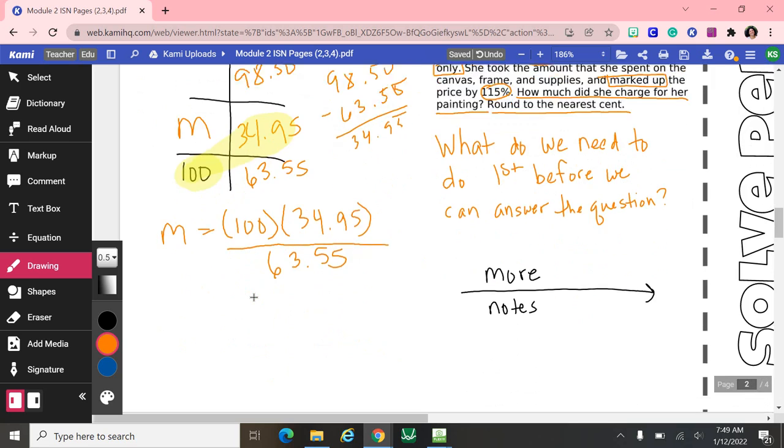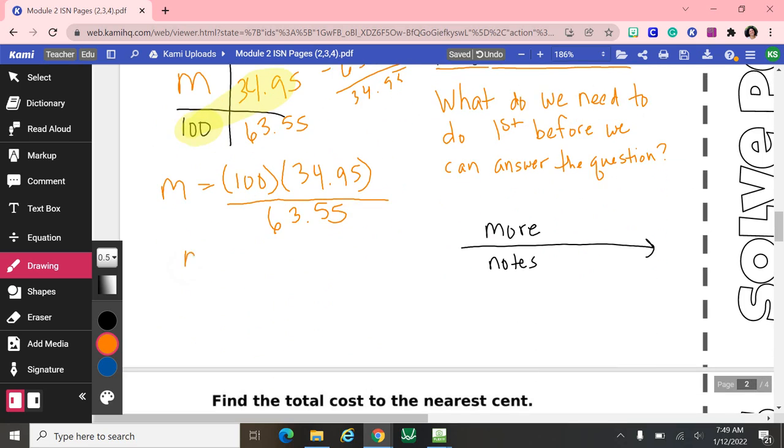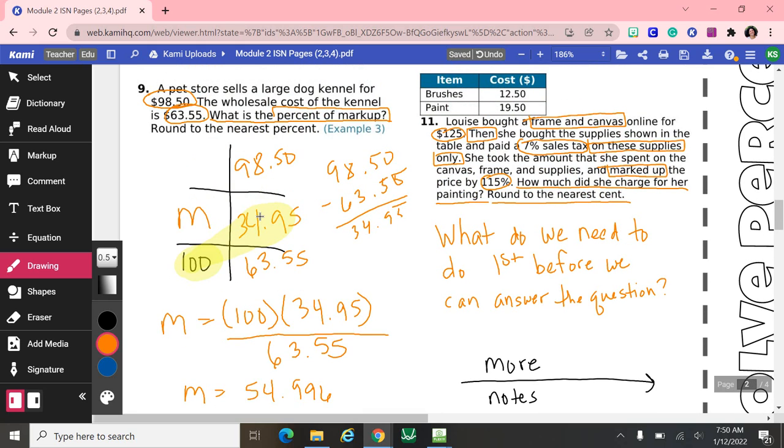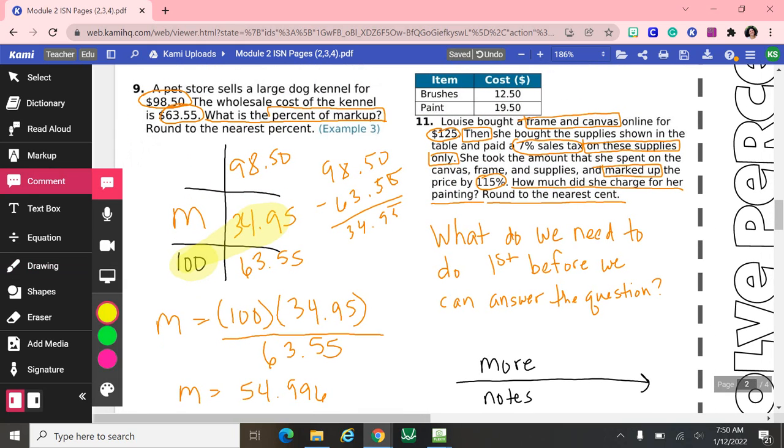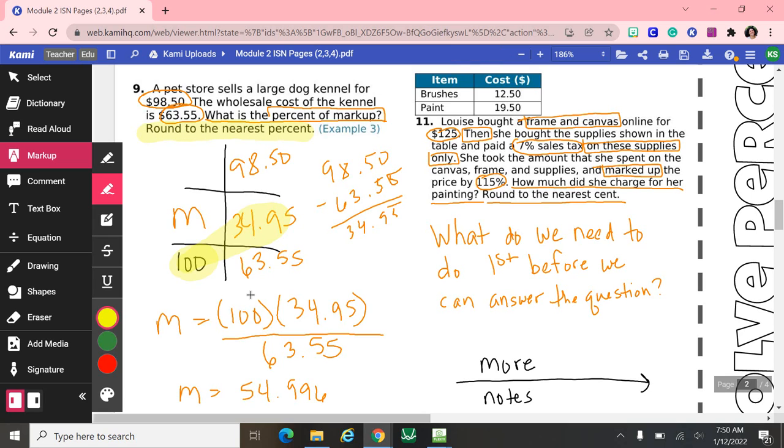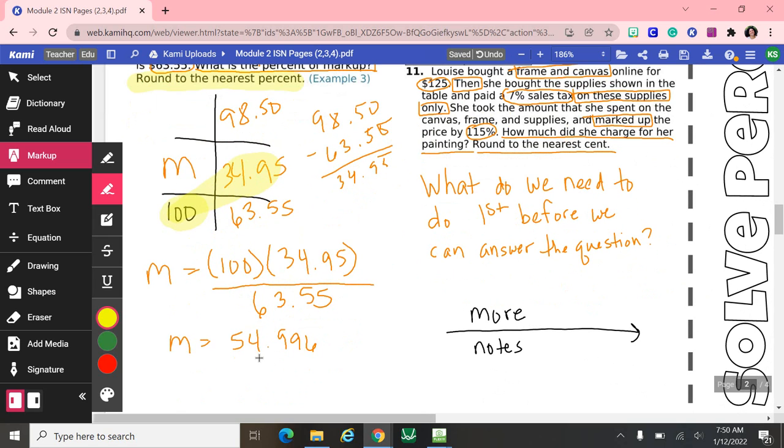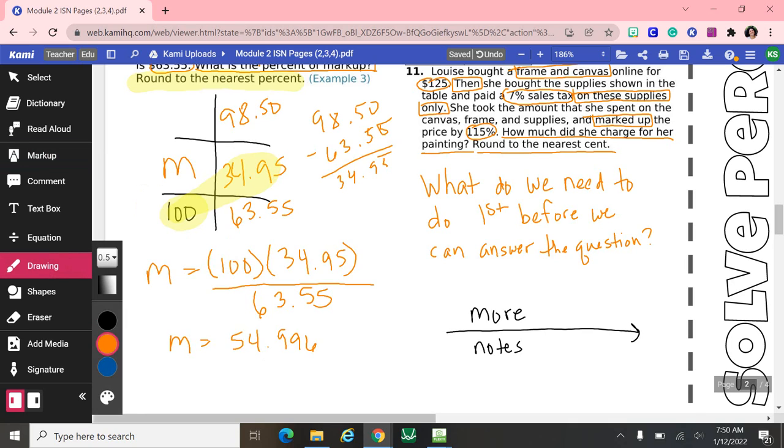When I do the math for that, I found that my markup amount was 54.996. But if I remember correctly, they asked us to round to the nearest percent. So the nearest percent of this one is just under 55. My markup price is 55%.